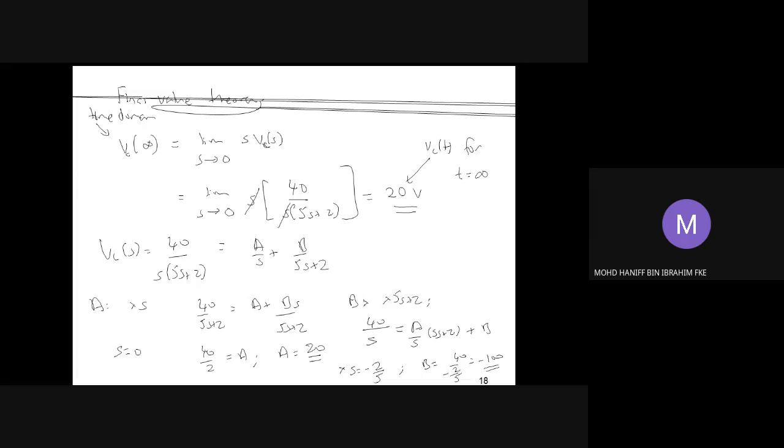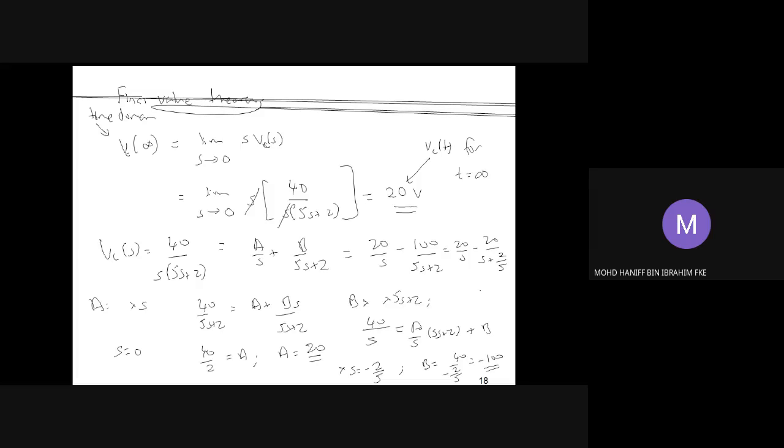So from here, you can see that the answer for A and B is 20 and negative 100 respectively. So it should be 20 over S minus 100 divided by 5S plus 2, or simply 20 over S minus 20 over S plus 2 over 5.